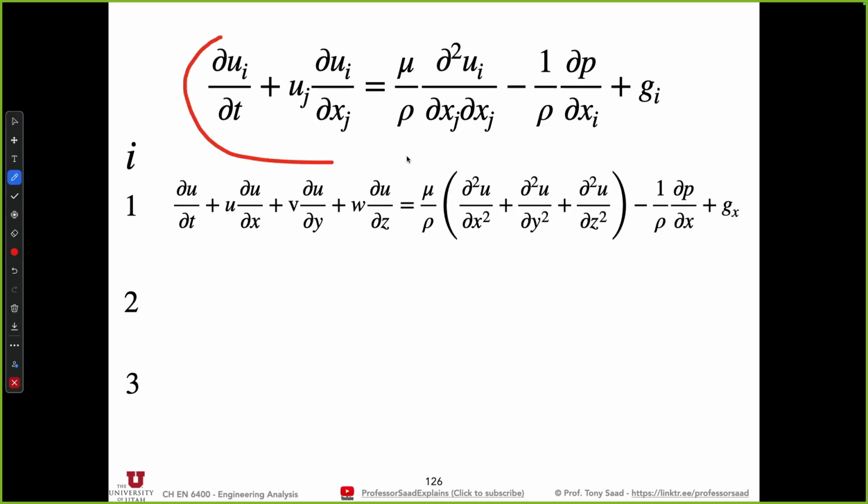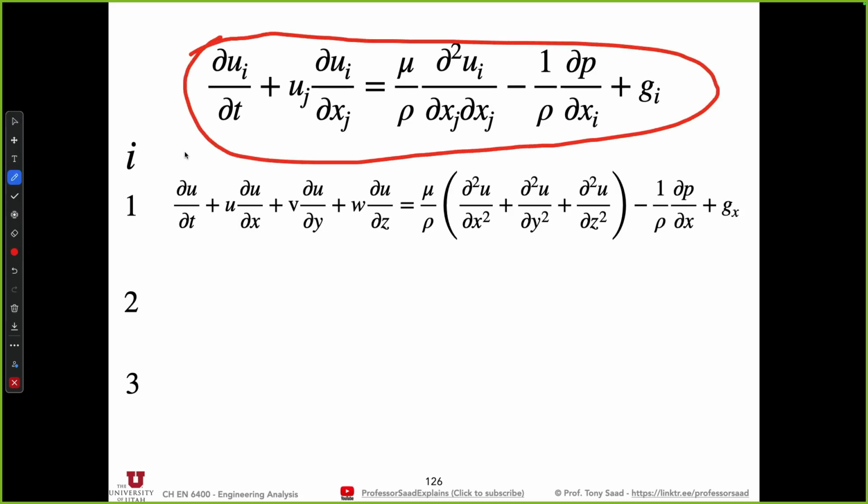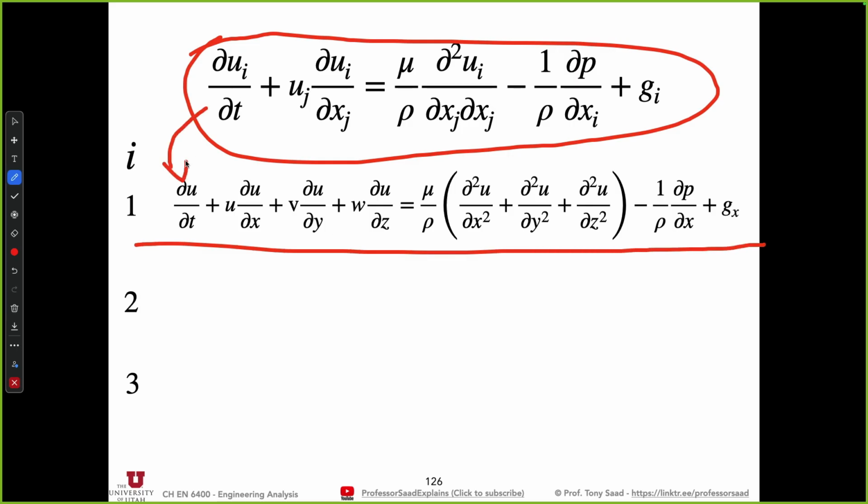If you are smart about this, you go and redo this. You say, okay, I'm going to take this and expand this guy. Go from here to here. Can I do it? Yes, you can. You're fixing i and you're just repeatedly summing over j. You need to do this. I'm not going to assign you homework, because what are you going to submit to me? You can copy and paste the equations and do a submission.